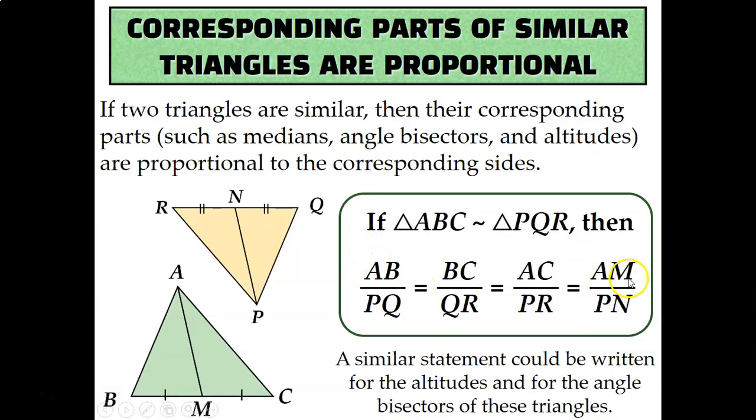So all we're doing here is adding an extra ratio comparing, in this case, the medians of these two triangles. When you reduce that ratio, it should be the same scale factor as the other three ratios. And I could write a similar statement comparing the altitudes or the angle bisectors of these triangles as well.